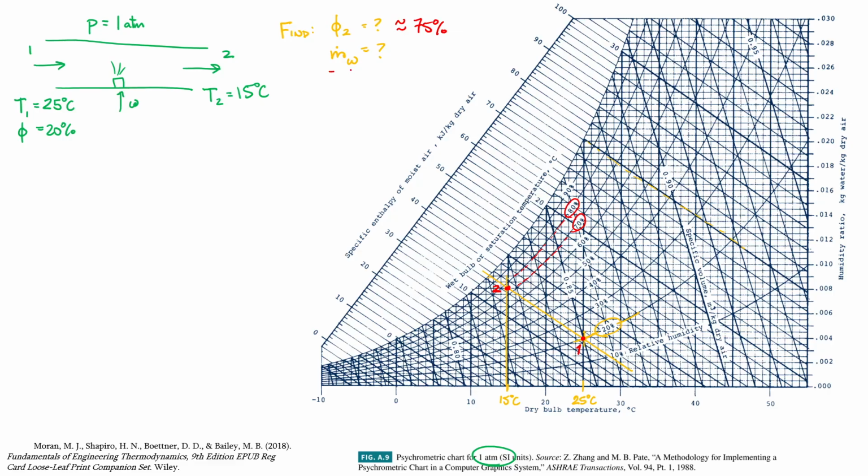And then I need to find my mass flow rate of the water. So this is where we actually have to use some calculations from our psych chart. So what we're going to do is look back at our conservation of mass for our water.